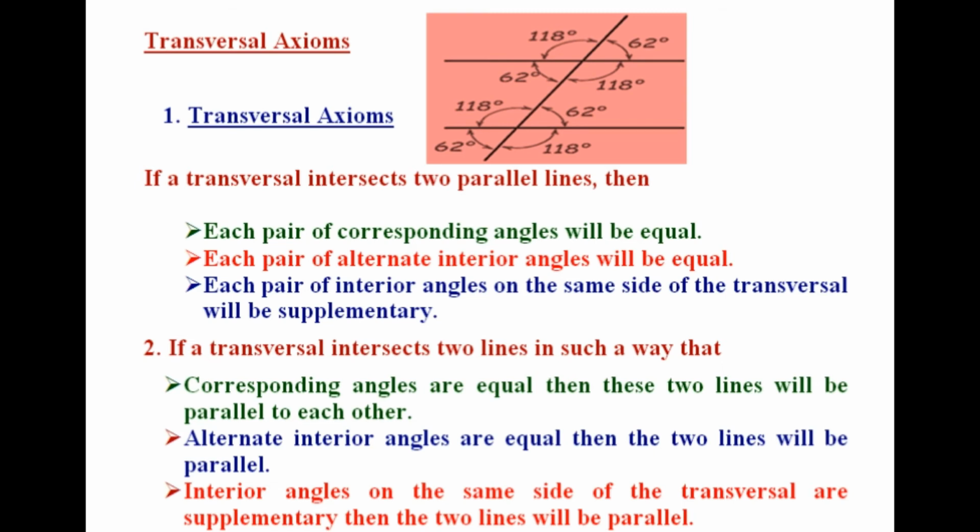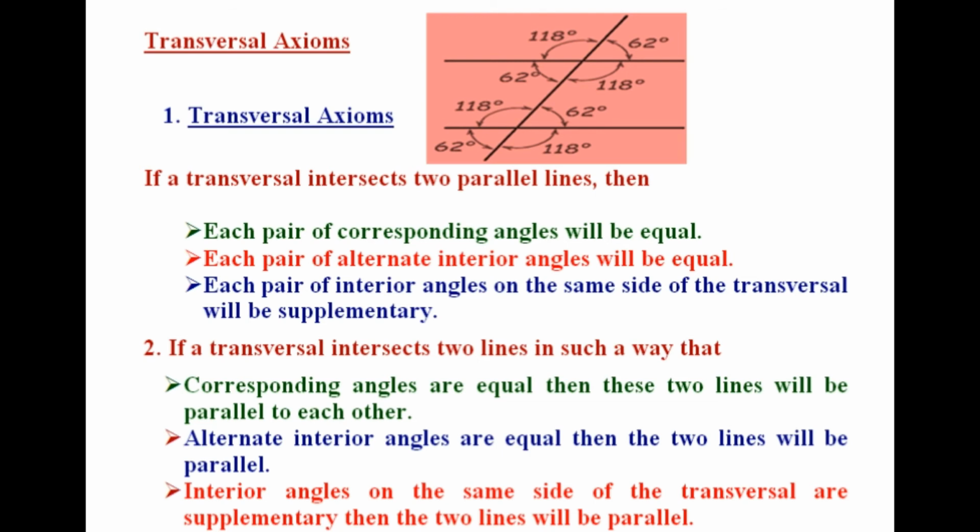Second, if a transversal intersects two lines in such a way that corresponding angles are equal, then these two lines will be parallel to each other. So if you have two lines and one transversal, and all the corresponding angles are equal, then we can say the two lines are parallel to each other.